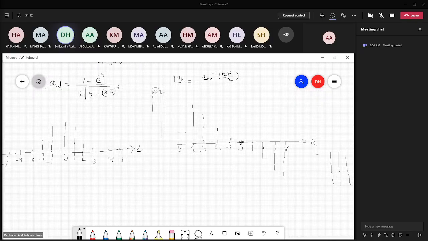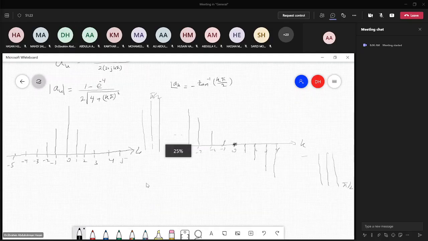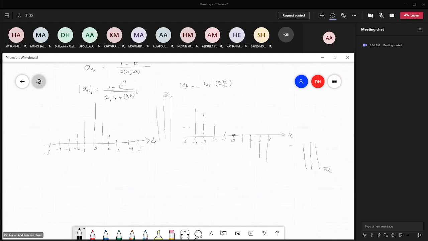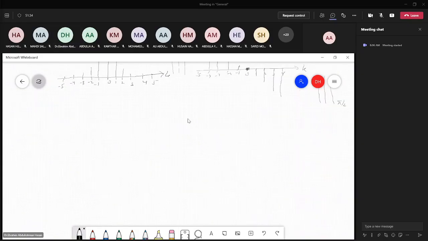And then it continues pi over 2, pi over 2, and so on. So this is the spectrum. Is that clear? Any questions? Okay.